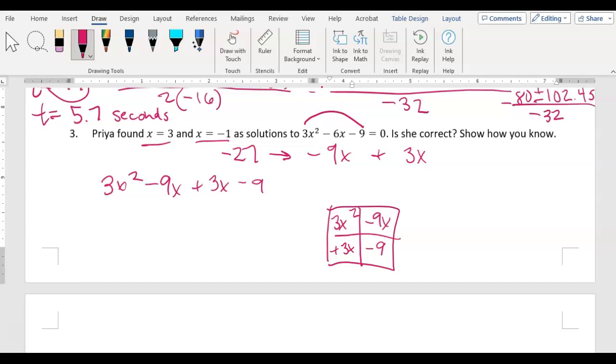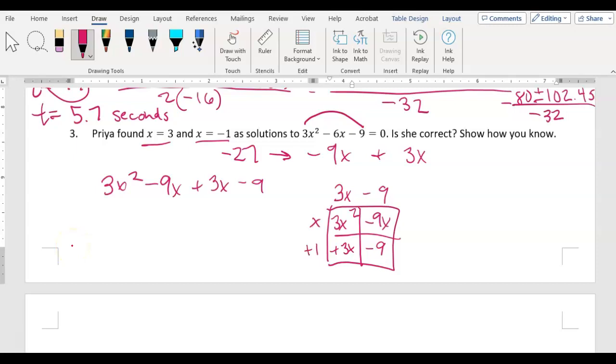So 3x squared and 3x have 3x in common. And then what's left here would be x. 3x times x gives me 3x squared. That means to get negative 9, I'm going to multiply negative 9 times x to get negative 9x. And then here, negative 9 would be a plus 1.